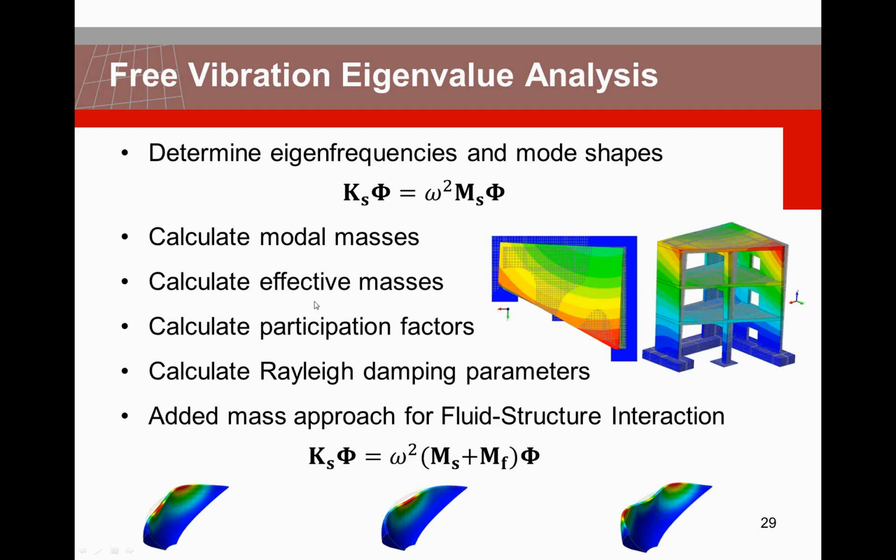This is sometimes prescribed by some model codes, that you need at least as many modes until you have 90% of the mass participating in your analysis. Participation factors are automatically calculated.